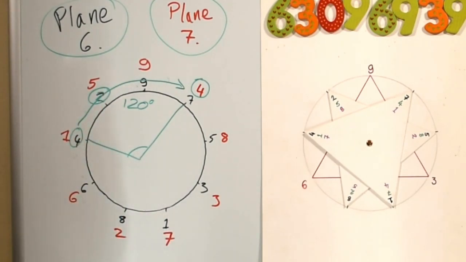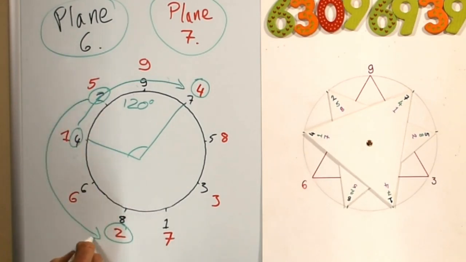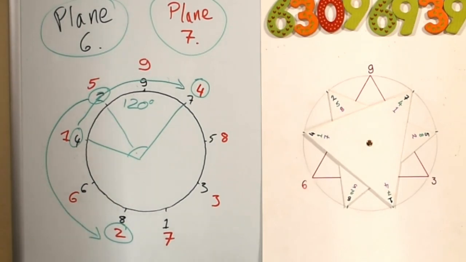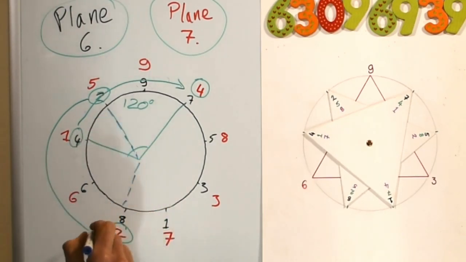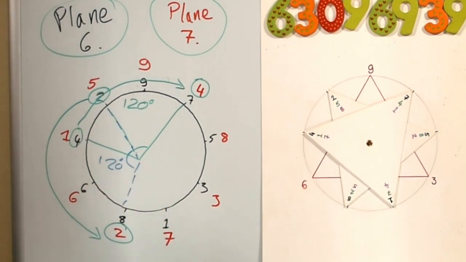The 2, if he was to turn 120 degrees to get to his starting place, he would need to turn anti-clockwise. He would turn anti-clockwise 120 degrees.